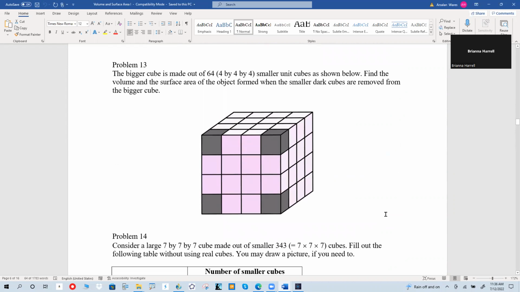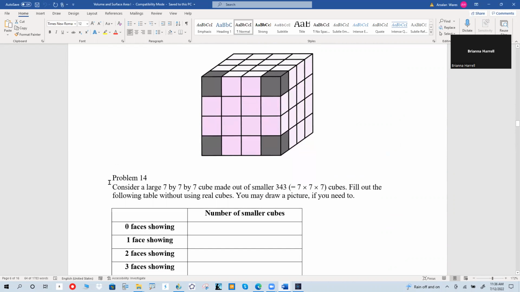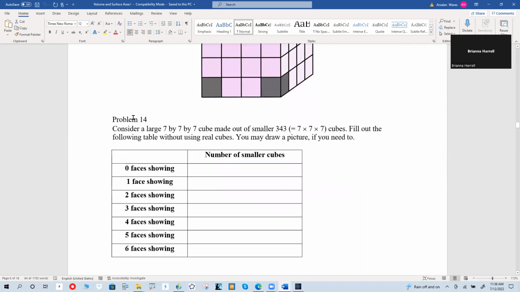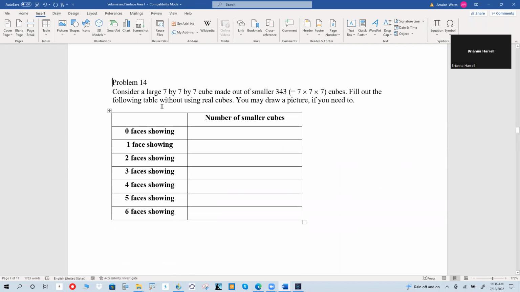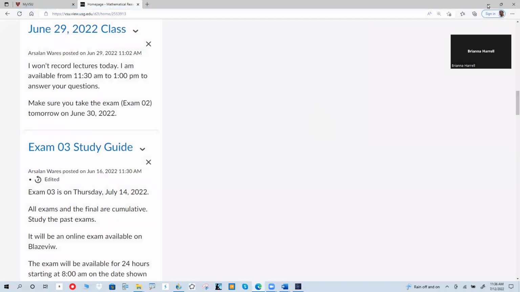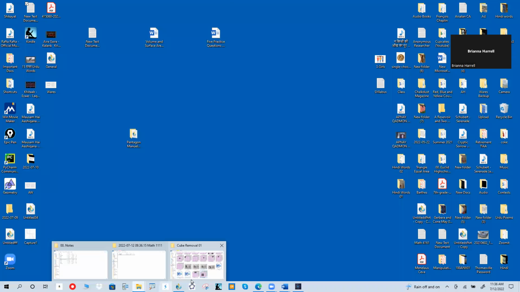I'm going to start with number 13. Okay. We actually did number 13 last class, so I'm going to start with number 14. As I told you guys, last class we didn't do this problem because it was a little too hard. Let me bring another document, the one we were working on.